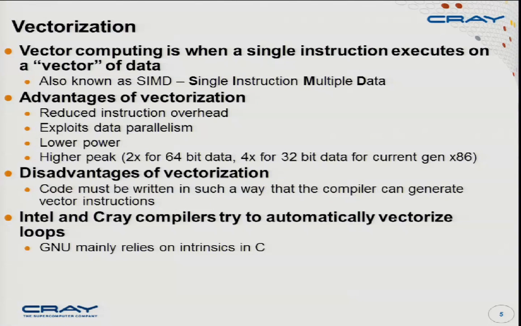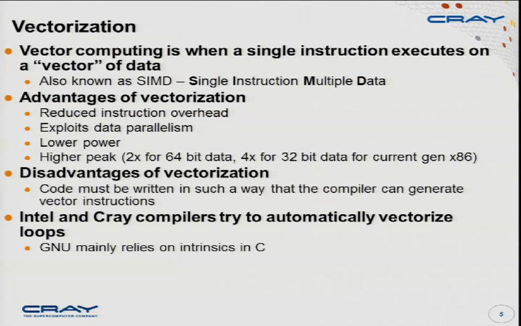So as long as things are properly set on Intel, it's trying to generate vector code by default. It's examining your source code to determine if it can vectorize and then vectorizes it. And your job is going to be to get feedback from the compiler to determine whether your important loops are vectorized or not.